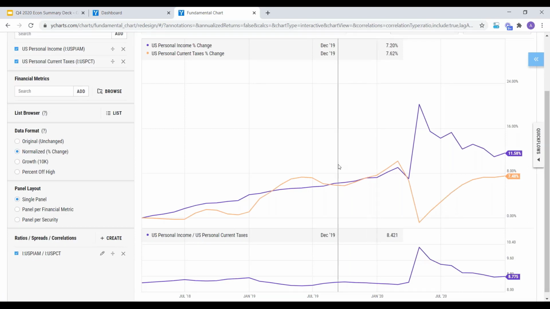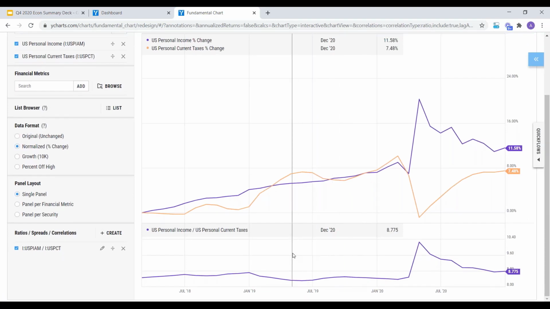And if I submit that, there we go. We have a replication of that chart just here on YCharts. You can see the two metrics as they relate to each other above and exactly how that ratio breaks down below. So you can really see exemplified how they took a divergence right there in April of 2020.